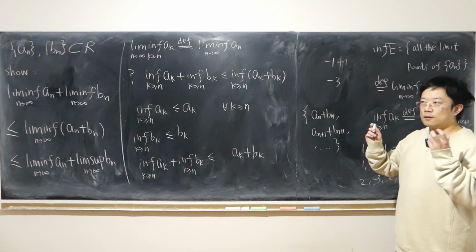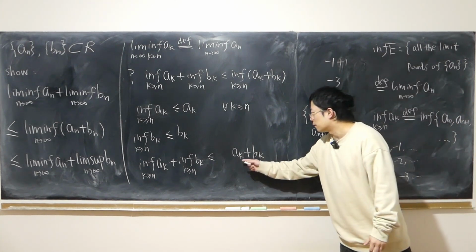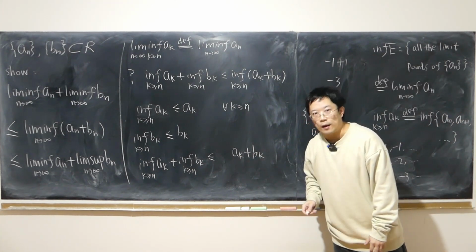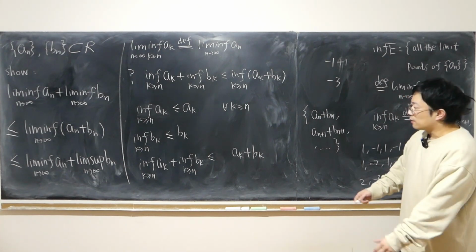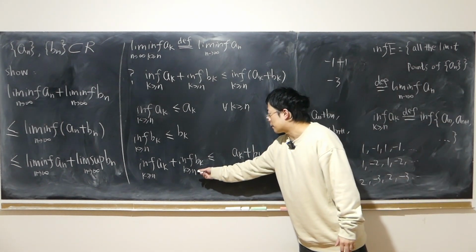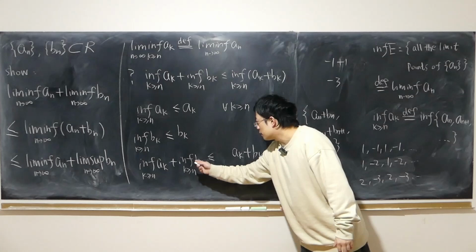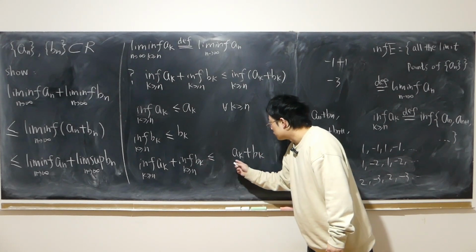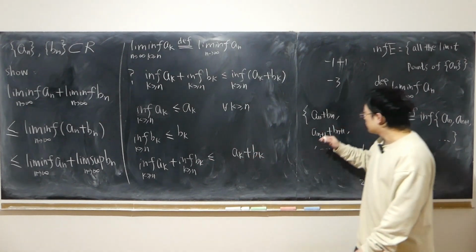If I take the infimum on this side, it should also hold. Why? Because this inequality is telling me that this constant is a lower bound of this set.